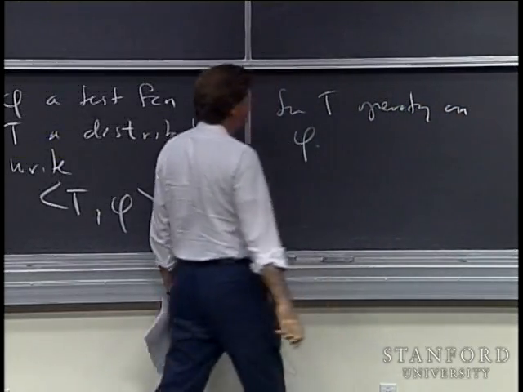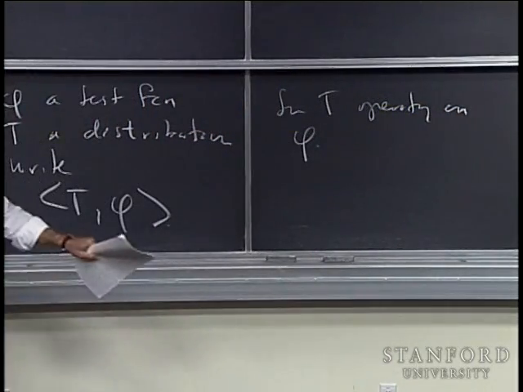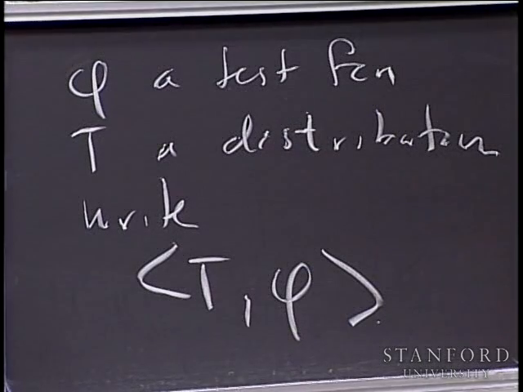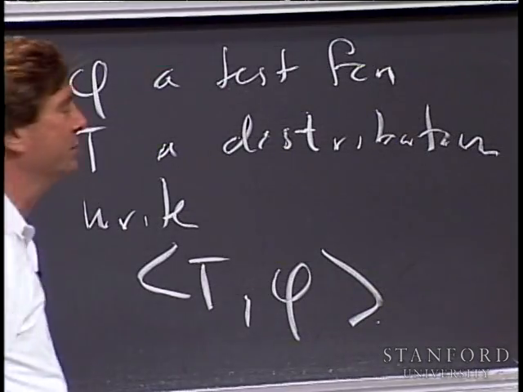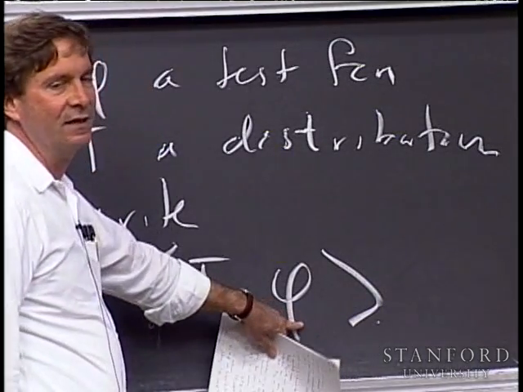If you want, you can think of phi as some distribution of physical information, temperature, voltage, current, whatever, and T is a way of measuring it. So you measure something and you get a number. T is a measuring device, and phi is the thing you are measuring.